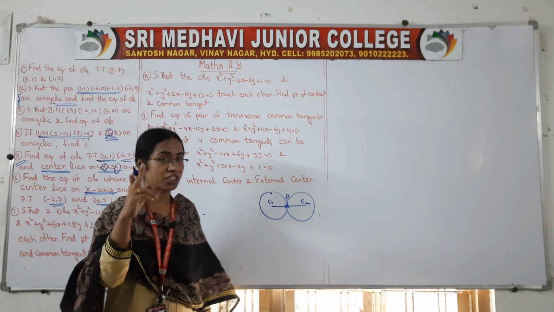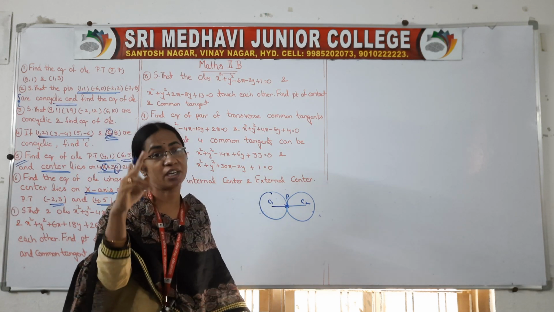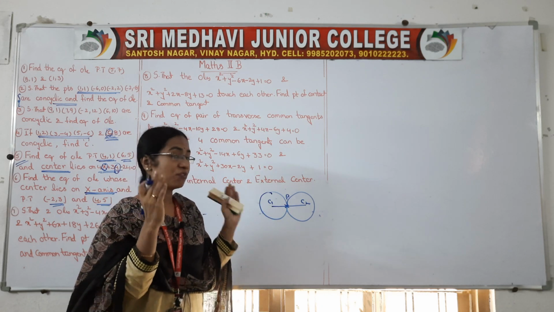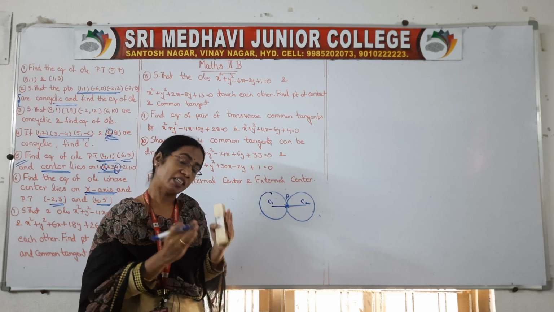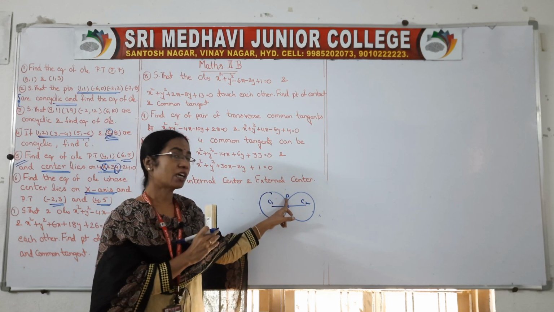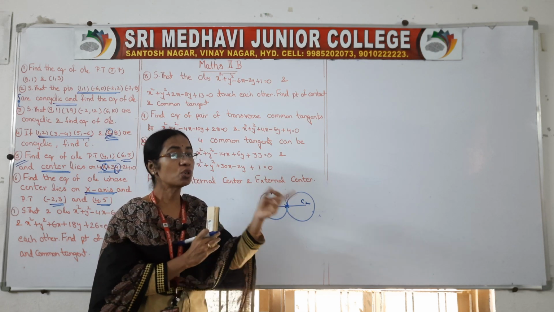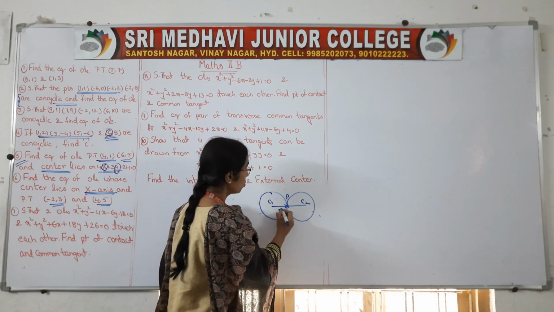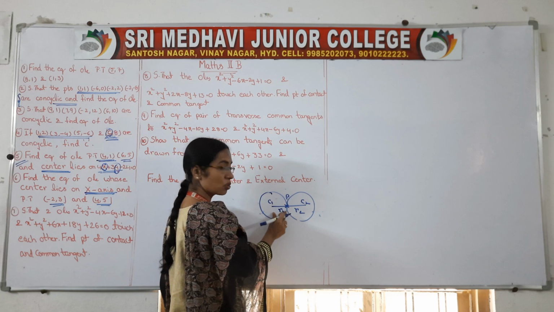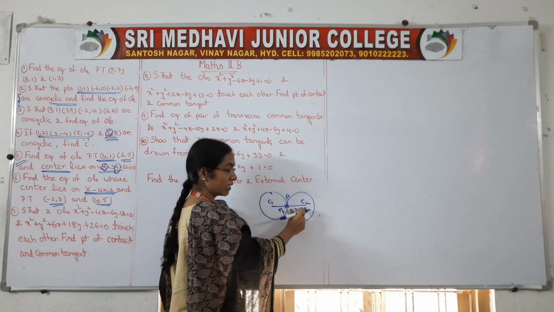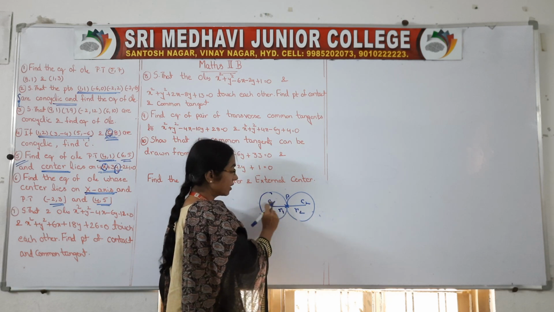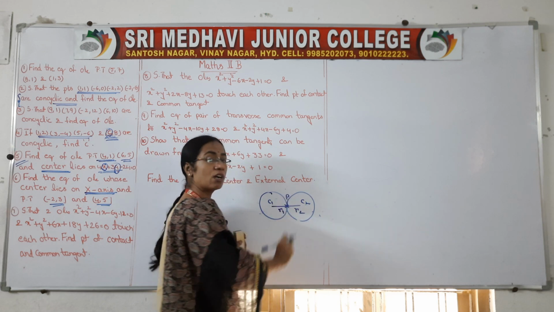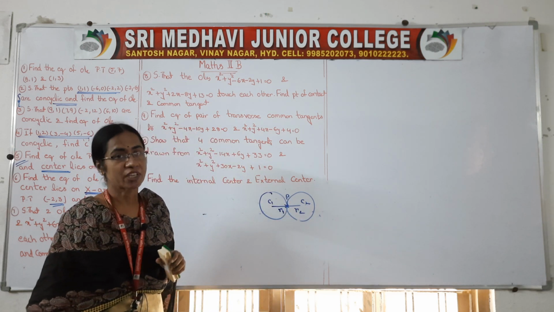If the circles touch externally, the point of contact divides C1, C2 internally in the ratio R1 is to R2, isn't it? This is the radius of the first circle, this is the radius of the second circle. C1 is the center of the first circle and C2 is the center of the second circle, isn't it?